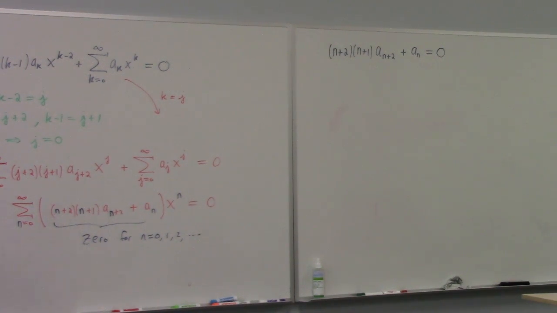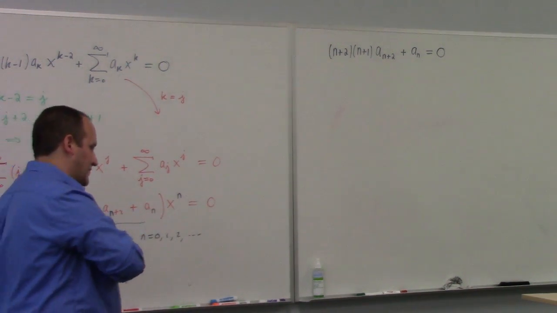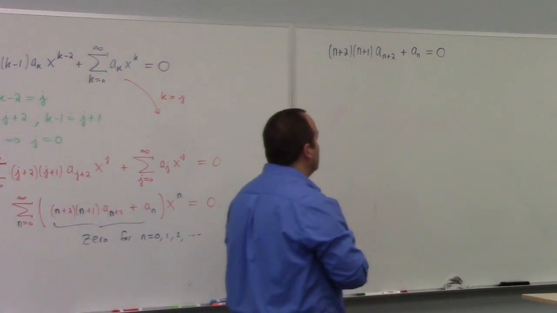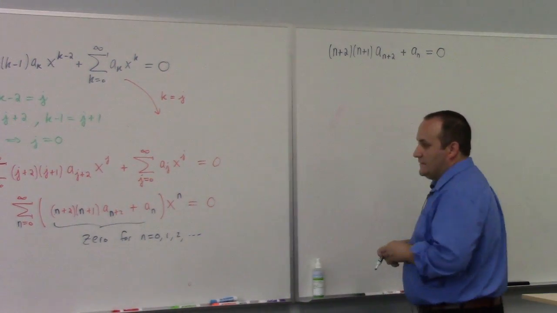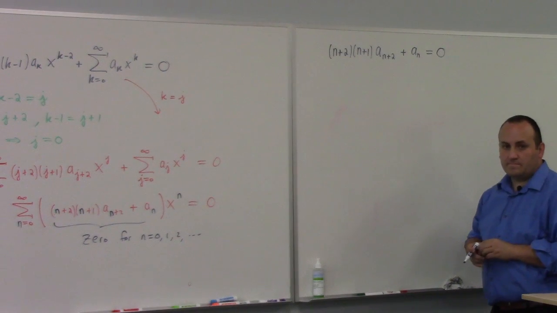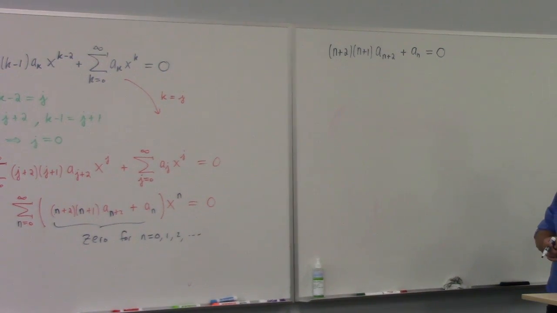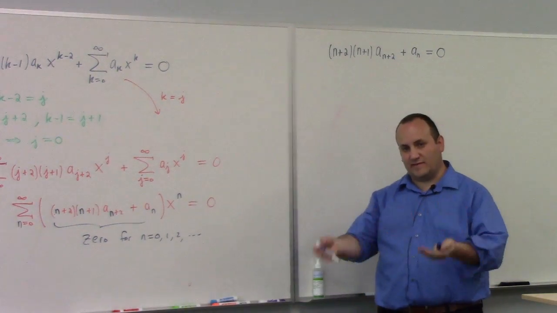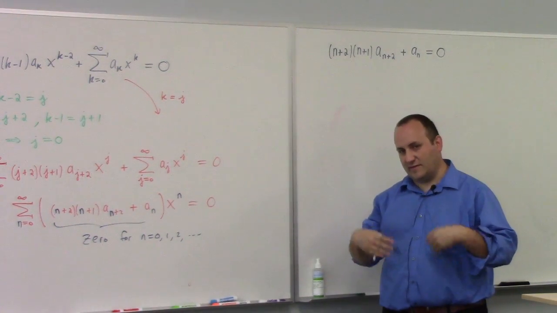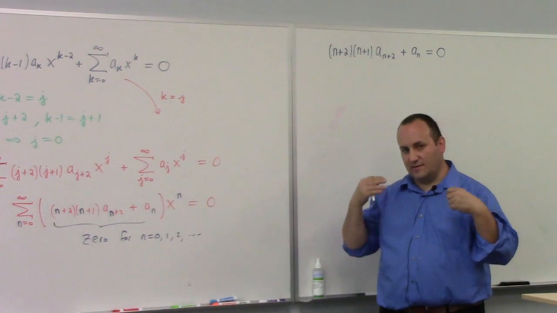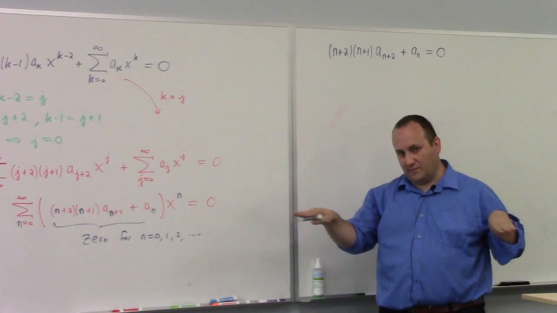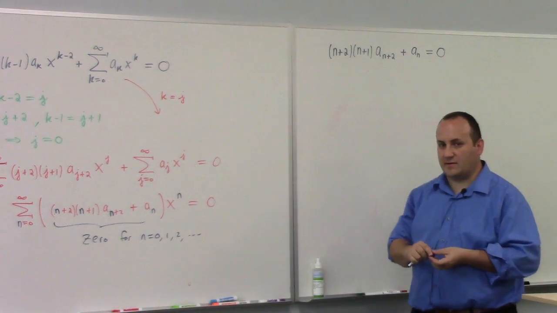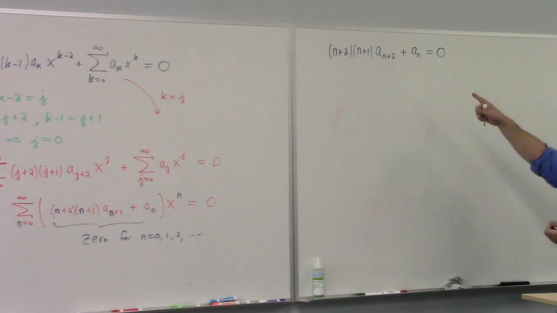If a power series is equal to 0 for all x, for some interval of x at least, it follows that the coefficients are 0. Again, you can prove that by plugging in the center, differentiating, plugging the center into the derivative, differentiating again, plugging the center into the second derivative. That will give you level by level that the coefficients are 0 in terms of a calculation if you want. But anyway, so we have this.